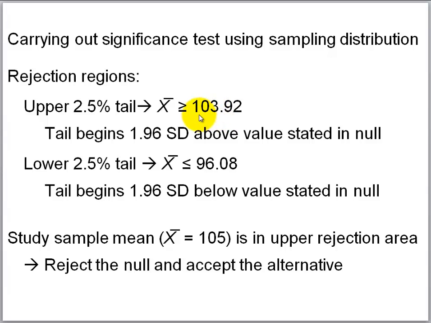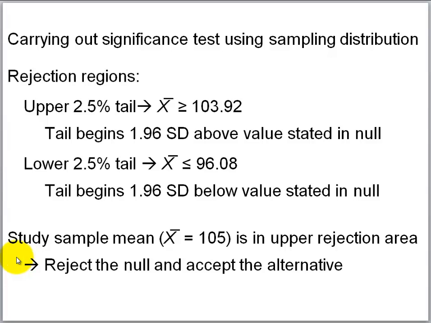So we've got to go up to 103.92 to reach the upper 2.5% tail. And then we've got to take that similar amount away to define the lower 2.5% tail. And then what we're going to need to do is look at our study sample result and see if it is in a rejection region.